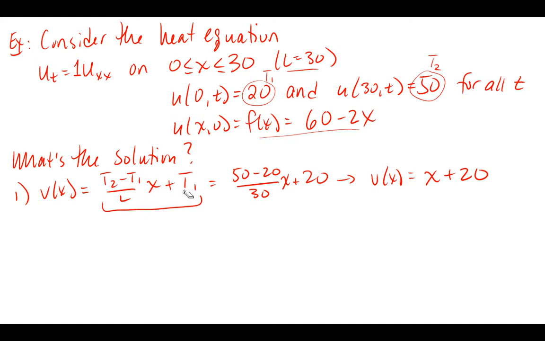This line tells you the temperature across the entire thing in the long run. And it's just a line, right? So obviously the slope is 1. Every inch that you move across the bar, the temperature goes up by 1. So it's very simple. I don't know if you had any thoughts that there would be some sort of weird curvy behavior in the long run, but there isn't. It's just a line.